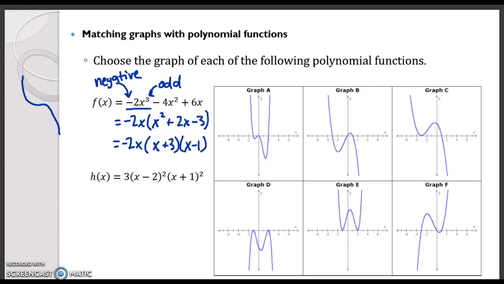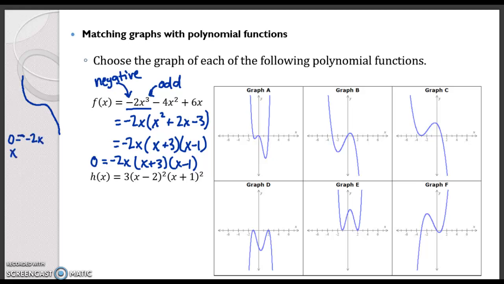So we can see that if we let 0 equal negative 2x times x plus 3 times x minus 1, then our zeros, or our roots, are going to be wherever each of those factors equals 0. So 0 equals negative 2x.